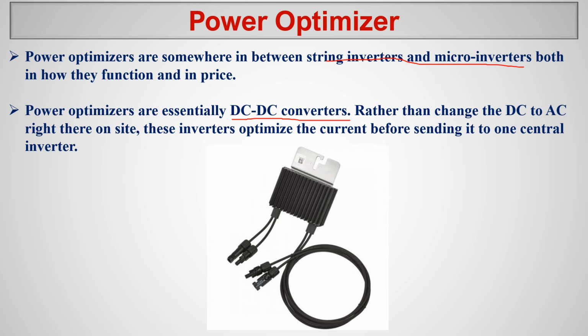If you are electrical students, you can clearly understand the purpose of a DC to DC converter. A DC to DC converter can increase the DC current or reduce the DC current. Usually, most of the time, we are increasing the DC current and sending it to the central inverter.